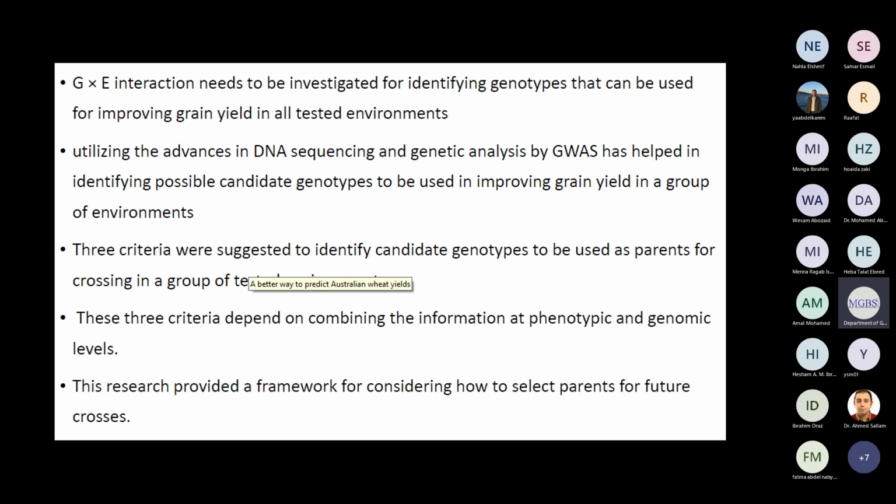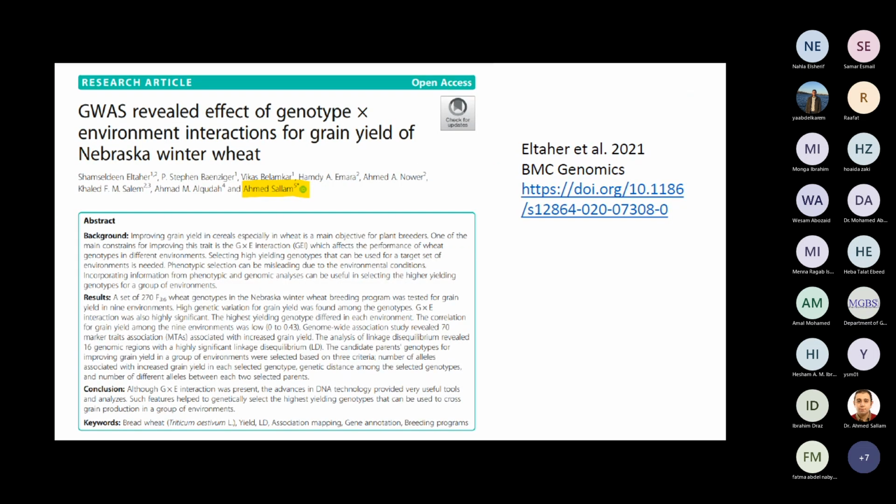These three criteria depend on combining the information at the phenotypic and genotypic levels. This research provides a framework for considering how to select parents for future crossing. And this study was published in BMC Genomics.